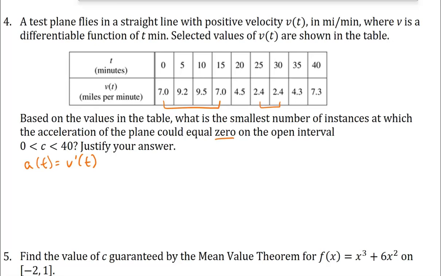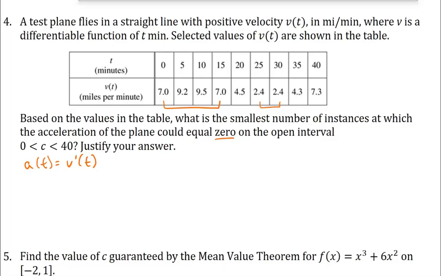I do not know what's happening in between there. But I do know at time 0 and time 15, we've made it back to 7. So the average rate of change between these 2 points, because they have the same value, is going to be 0. And then my mean value theorem will guarantee that I can conclude there must be at least one instance in this interval where the instantaneous rate of change of velocity, meaning acceleration, is also equal to 0.